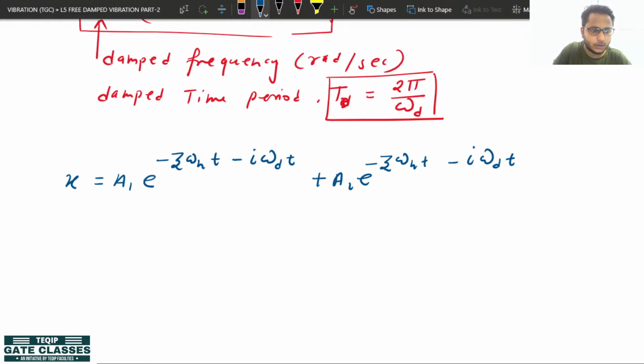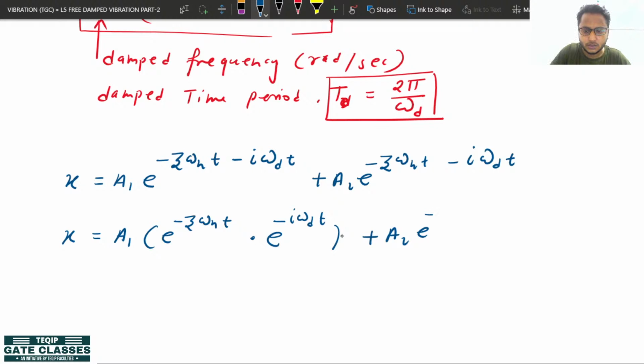Coming back to our equation, we are going to simplify again. A1 exponential to the power minus zeta omega n t multiplied by exponential to the power minus iota omega d into t, plus a2 exponential to the power zeta omega n t multiplied by exponential to the power minus iota omega d into t, right.